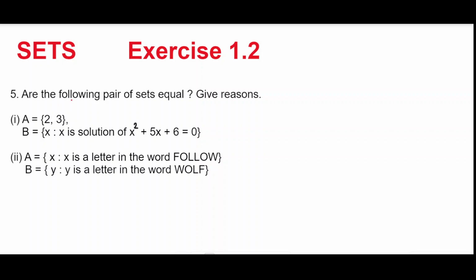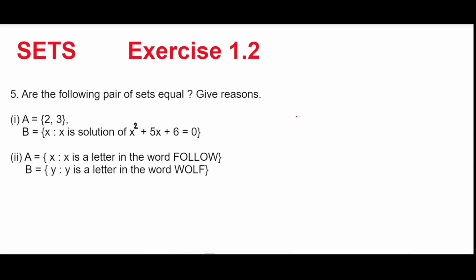Now the fifth question. Are the following pairs of sets equal? Give reasons. Here A equals {2, 3} and B is x such that x is a solution of a quadratic equation, so there will be only two roots, two zeros. If these two zeros satisfy the equation, then the sets will be equal, otherwise not.